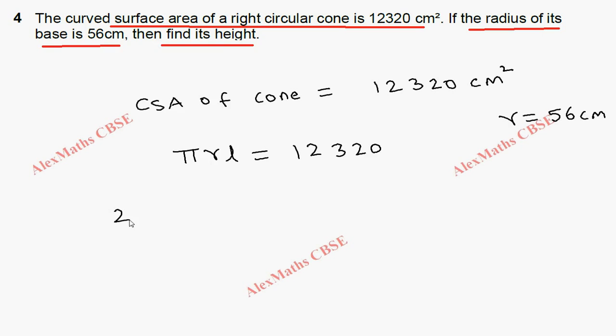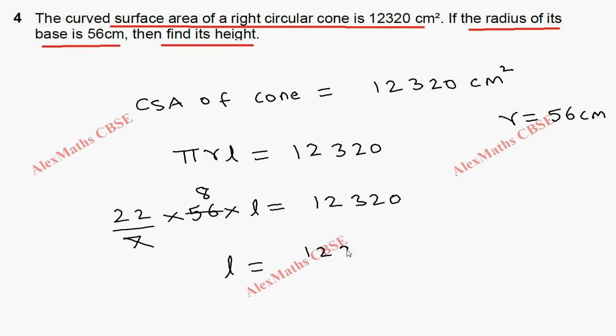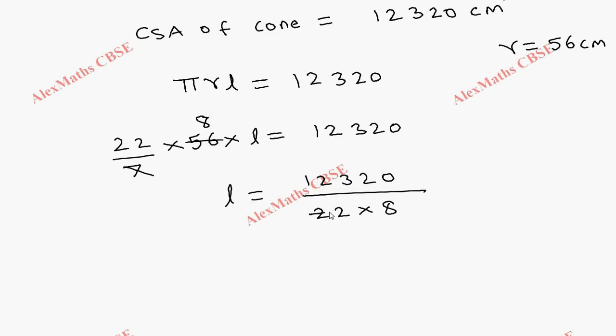Now this is 22 by 7 into the value of r, which is 56, into L, let's keep as it is, equals 12320. You can cancel these two. This is 8 times L, and from this the value of L is 12320 whole divided by 22 into 8. Let's cancel with the 11 table, 2 times. 11 1 time 11, balance 1 is there, so 13.